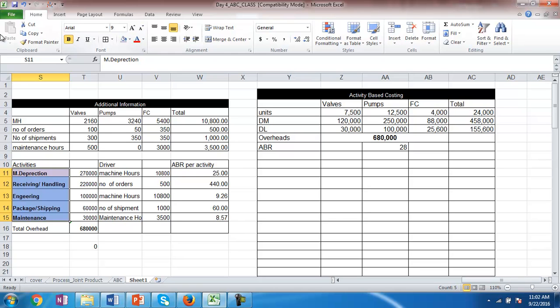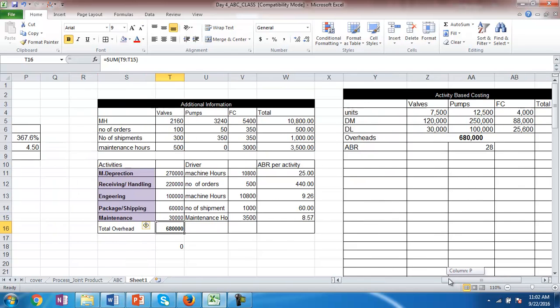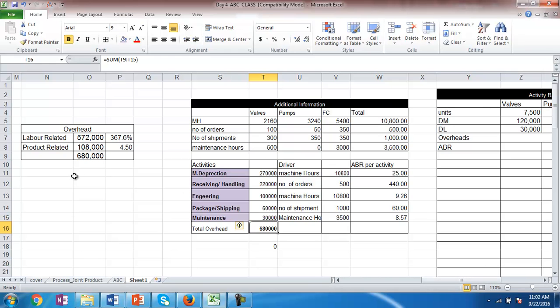So identifying the activities is the first step. Now for each of these activities we map the total overheads by using some basis, and it says each of these activities consumes this much of expenses, which are overheads. The summation of that is 680, which is the same as the 680 that we saw here.